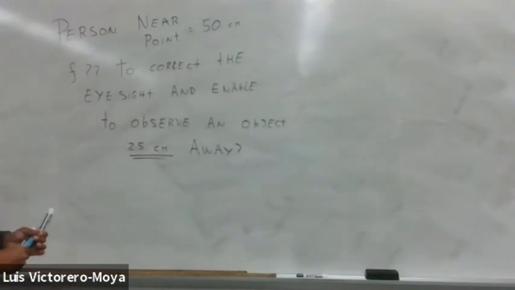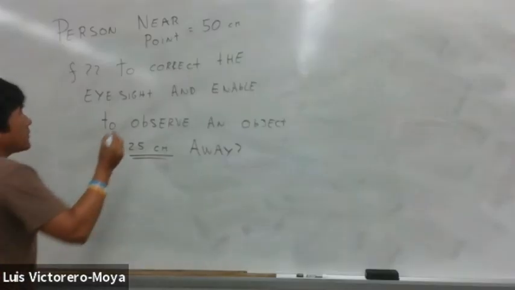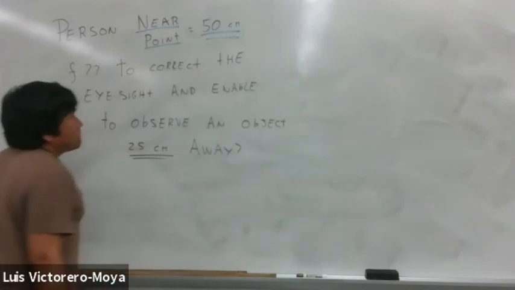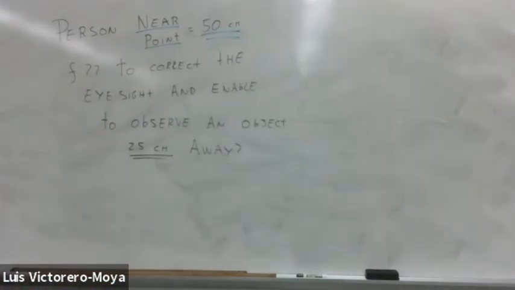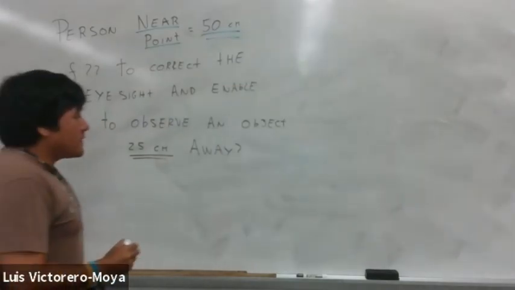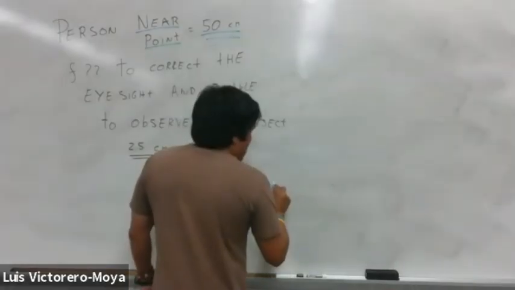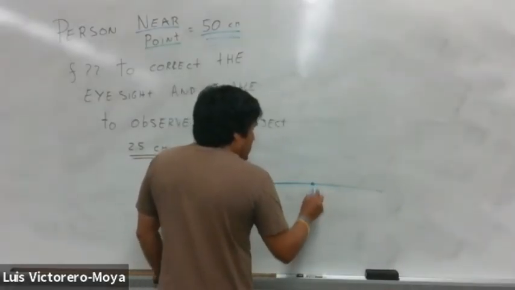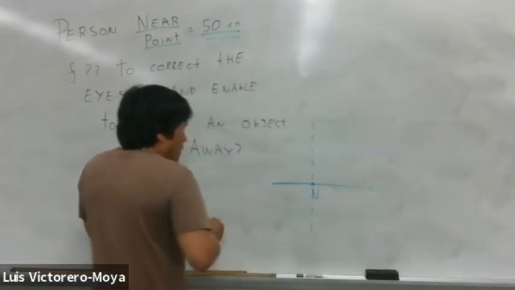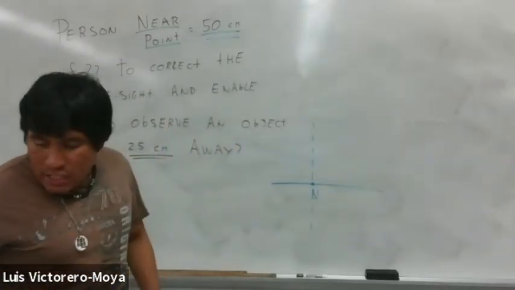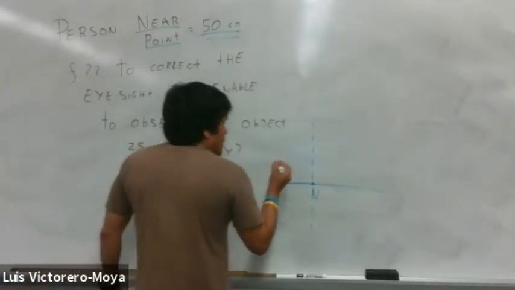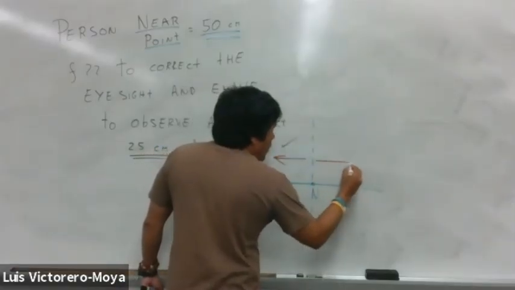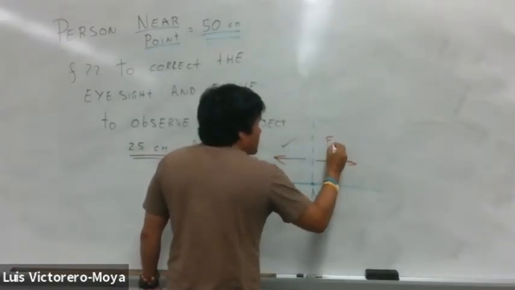So when they give you the near point, you know that the person is farsighted. If the person is farsighted, you remember that if you have a near point, you can observe anything that is here, but everything that is closer is fuzzy.